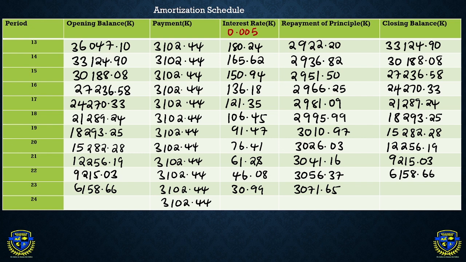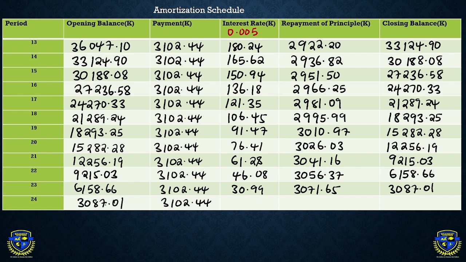Okay, so subtracting this payment from the opening balance, we're going to have 3,087.10, which will now be our opening balance in period 24, which is 3,087.10.